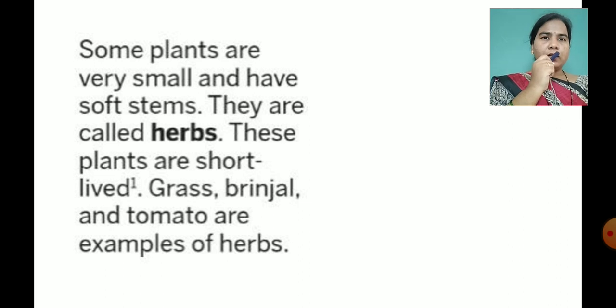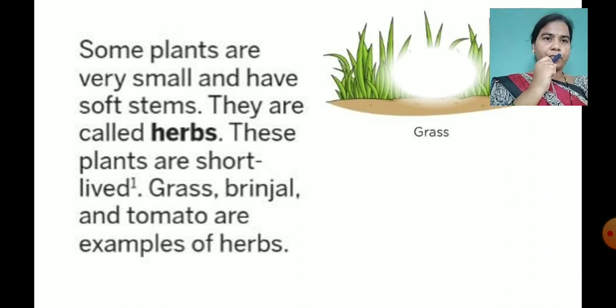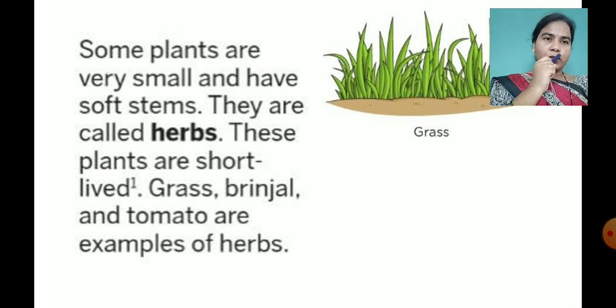So children, some plants are very small and have soft stems. They are called herbs. These plants are short-lived. Their life is short. Like grass, like brinjal and tomato, these are the examples of herbs. See the picture of grass.